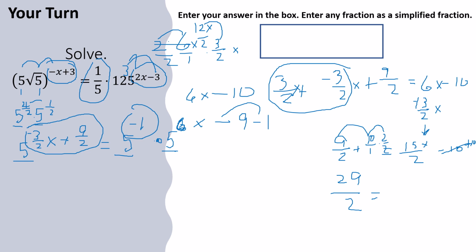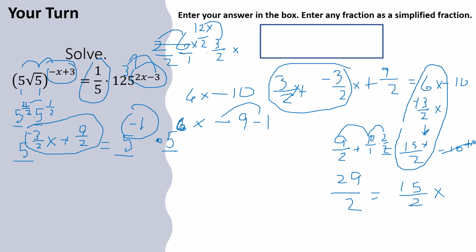is equal to, let me see if I can remember what we got over here. 6x plus 3/2 x is 15x. Let me go back up here and double check. Yes. Okay, 15/2 x.